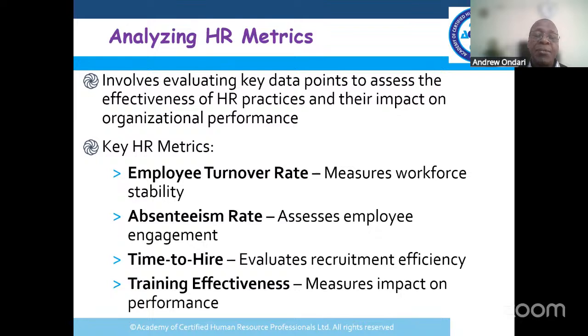But if it exceeds 15%, then it means that there are many aspects that are sending the employees away, which we need to audit again. So we will also look at the retention rate. The retention rate should be above 85 for us to be said that we are doing well in our HR practices.